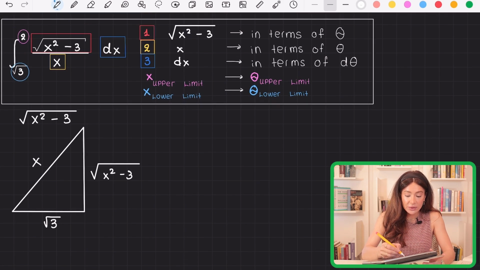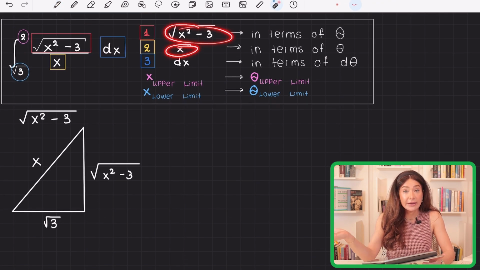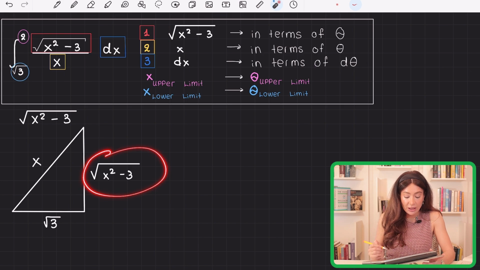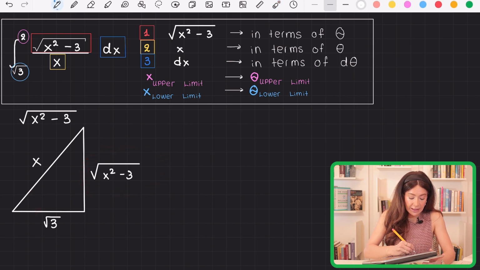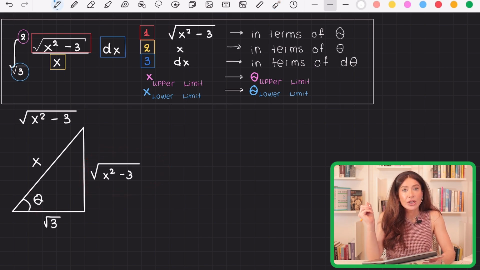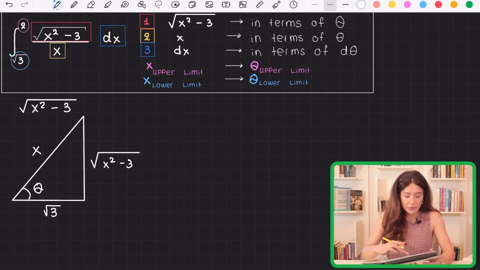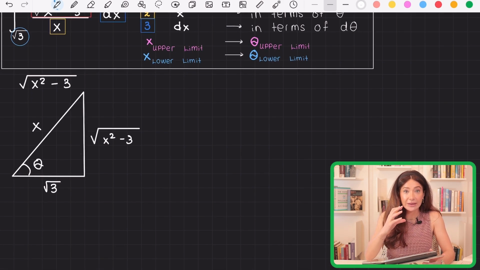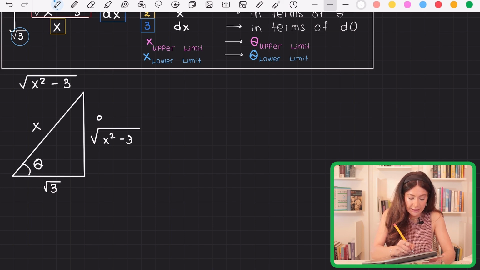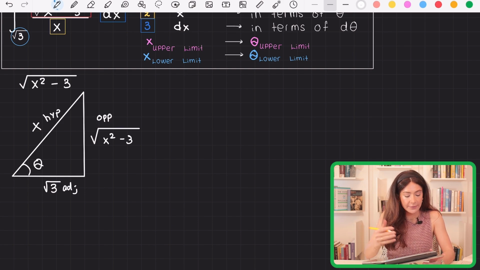What I need to express is this and that, right? By the way, this is theta, and that's really important because trig functions are features of angles, not of triangles. The angle is really the key here. So this is the opposite side, this is the hypotenuse, and this is the adjacent, relative to theta.